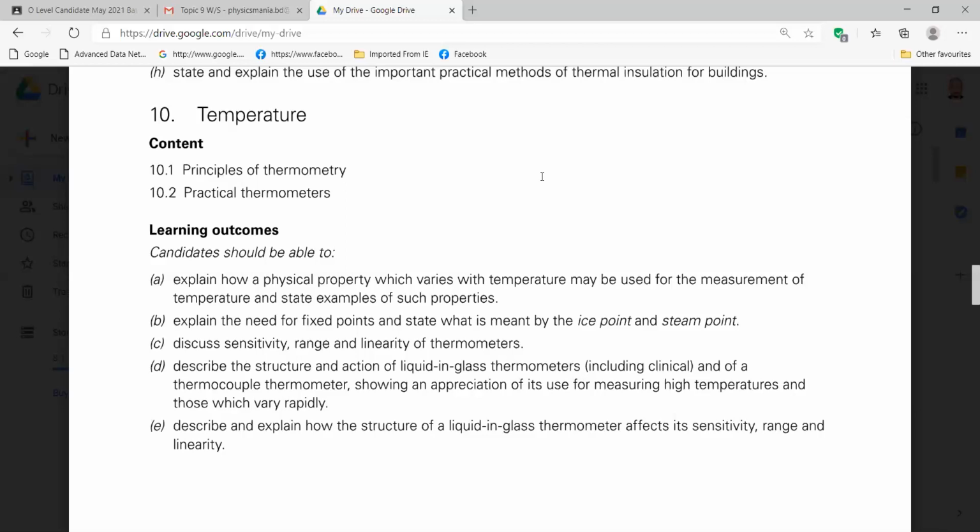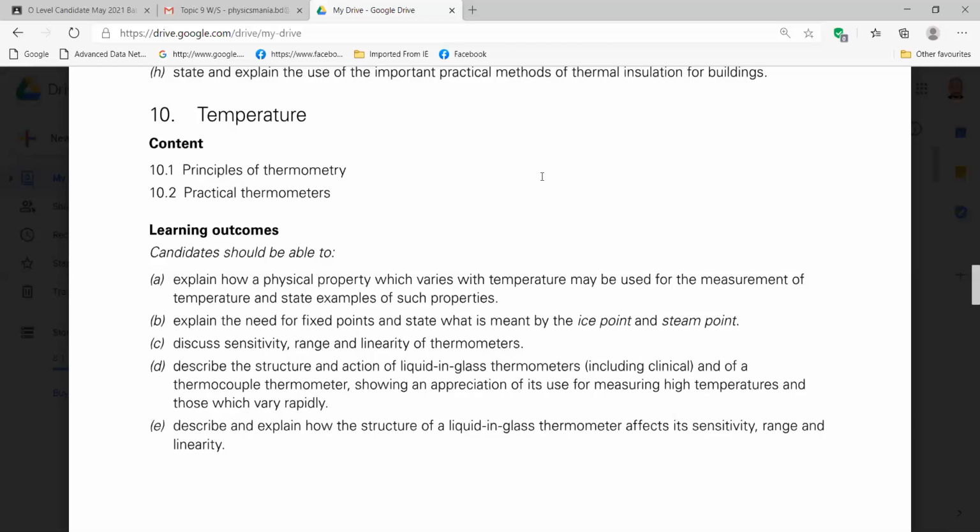Yes, sir. Done. Okay, very good. Look, we are done with A and D, right? For D, the thermocouple one you wrote, and the liquid in glass thermometer we discussed, right?